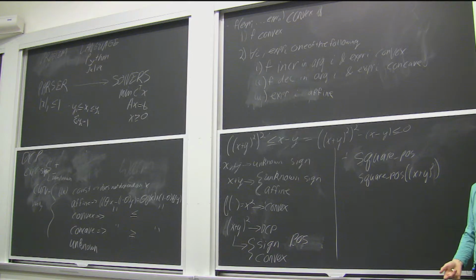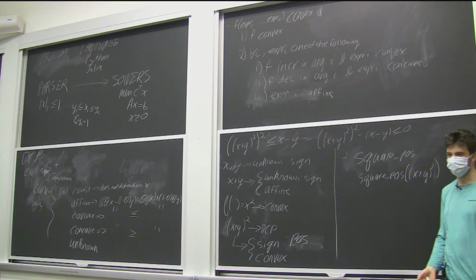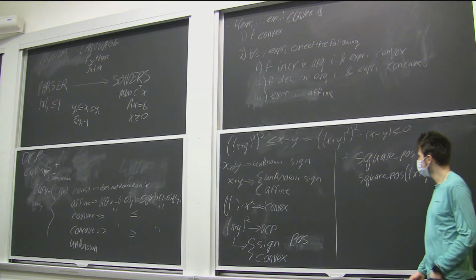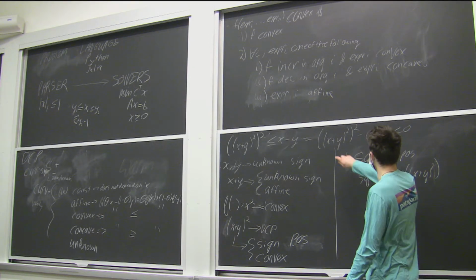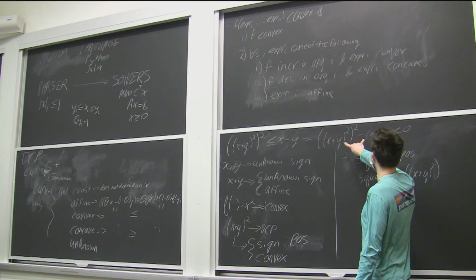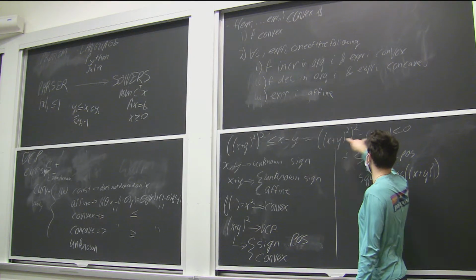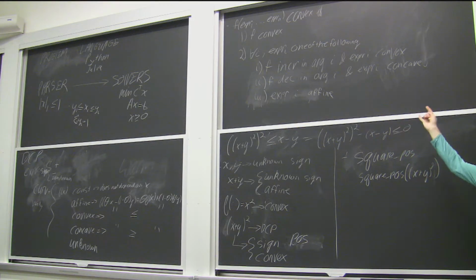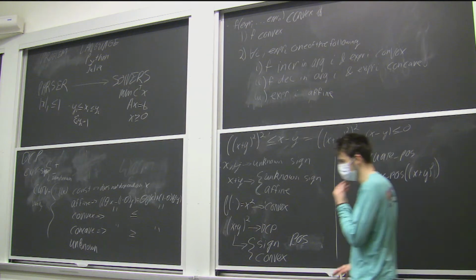Does the DCP checker just say, I can't verify? Yeah, square_pos is gonna say, you need to give me an expression with a positive sign. And then finally, the final step is going to be the composition of this expression and this expression, which is just an affine combination of two convex functions, so that one checks easily.